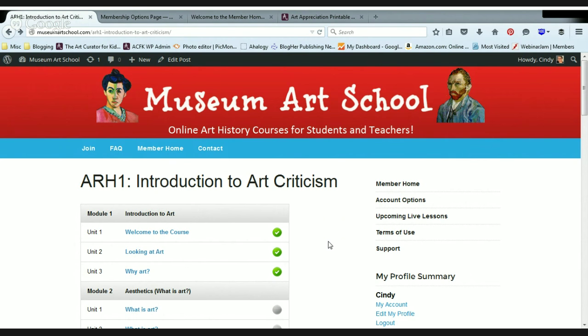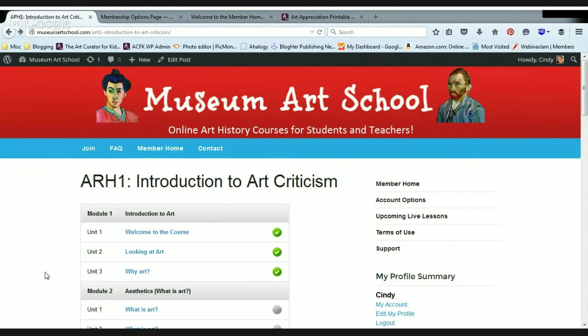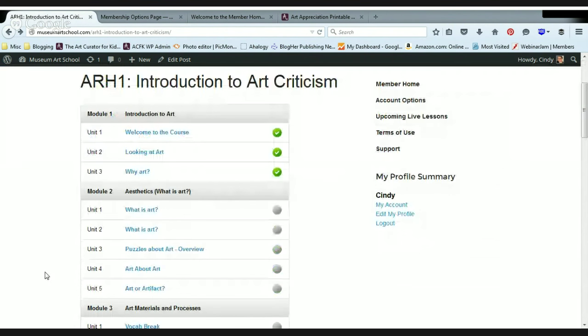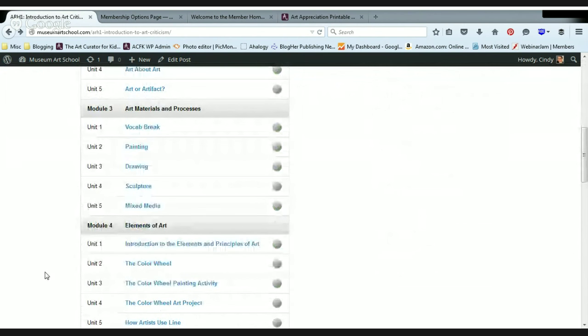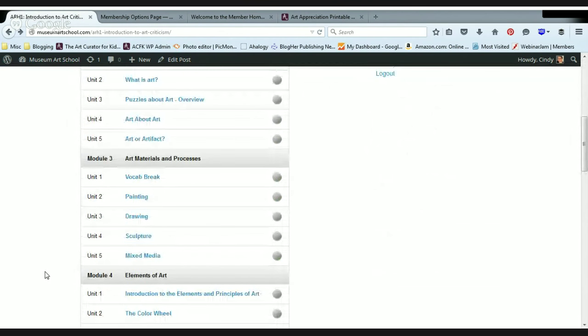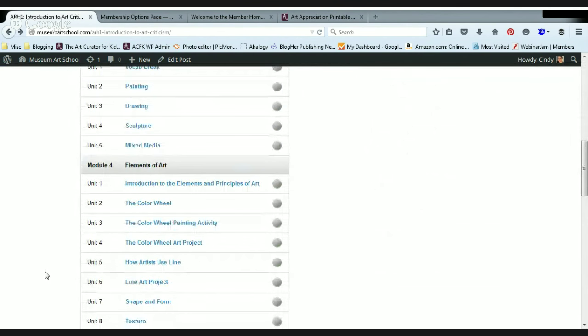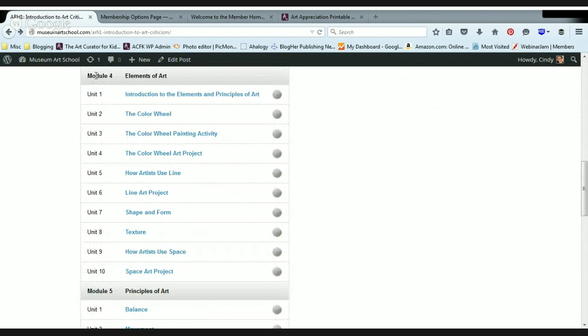All right. So this is what I was just showing you about the course, what it looks like on the inside when you're logged in. I'm just scrolling down. Everything I just said applies to this when I was talking about the units and modules.